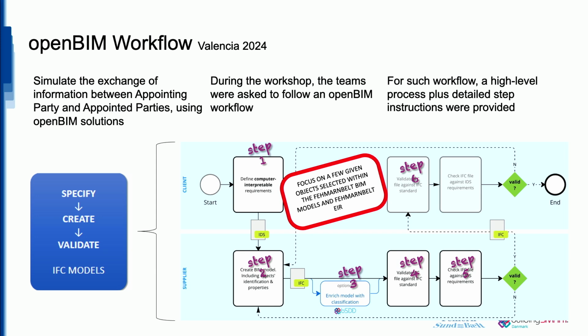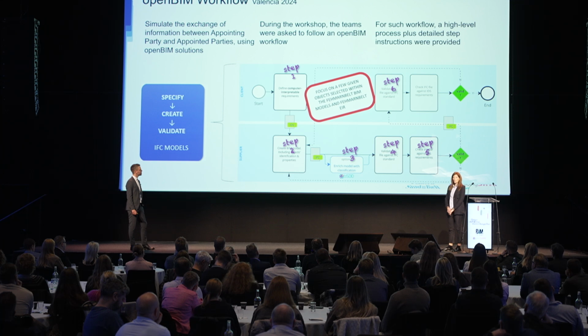These are the steps that Tórður also just explained in the to-be phase. So we wanted to focus on a few objects that we had in the model that we provided, together with some handouts with instructions and some of our selected exchange information requirements coming from our current BIM specification that we are using as contract documents in our project.